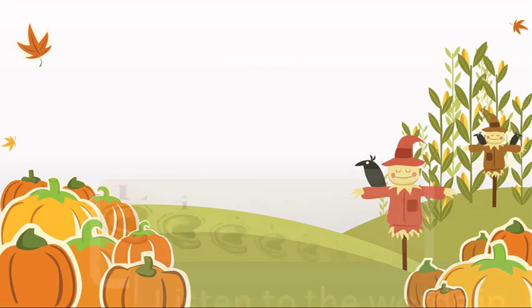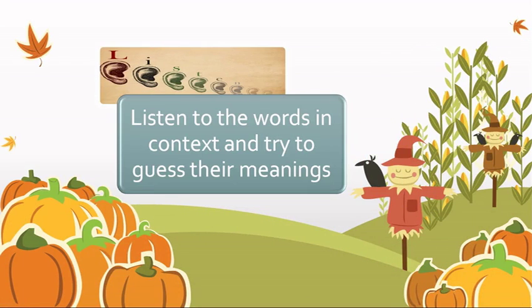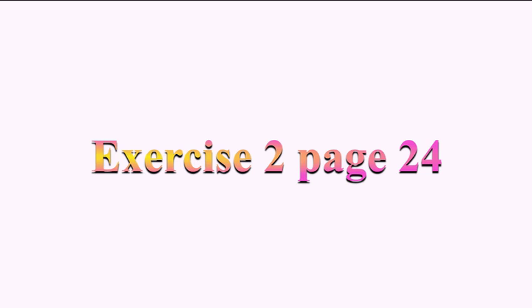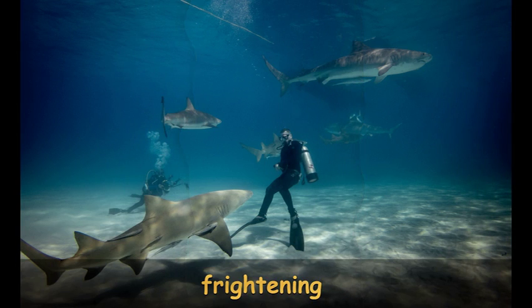Now, let's listen to the words in context and try to guess their meaning. Module 3, page 24, exercise 2. 1. Swimming with sharks is the most frightening thing I can imagine. 2.